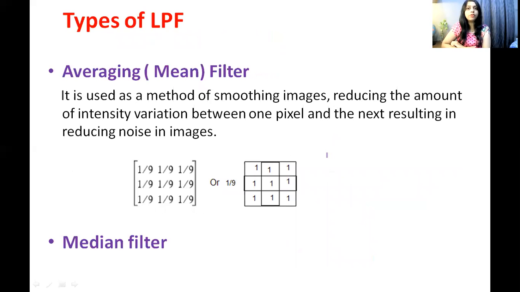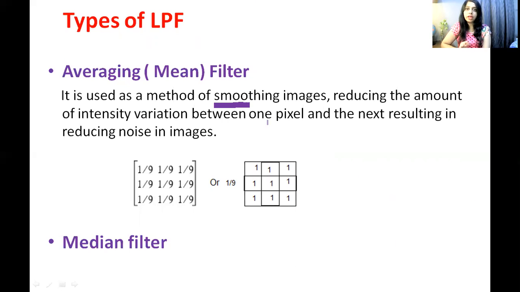There are two types of low pass filter. One is the averaging filter and another is the median filter. The averaging filter is used for smoothing the image. It will blur your image or smooth the edges. It reduces the amount of intensity variation between one pixel and the next, resulting in reduced noise in the image.